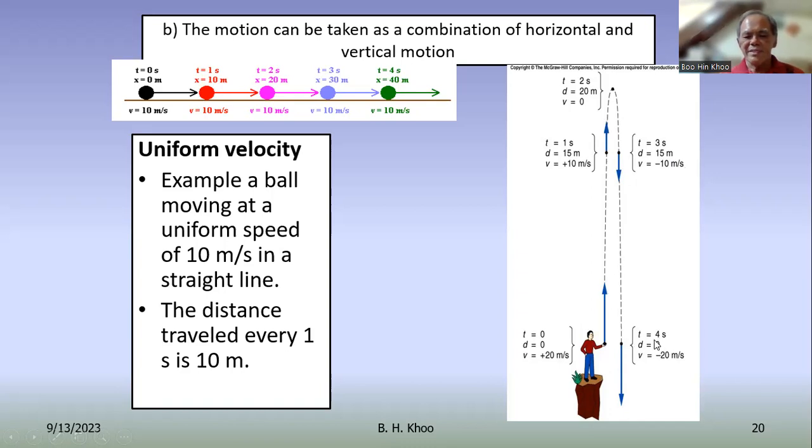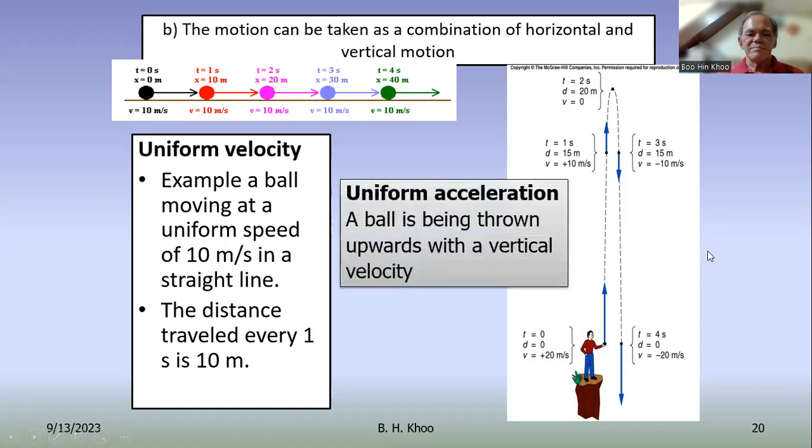At 4 seconds, the distance is 0. Distance is measured from the hand. This is 20 upwards, 20 downwards. So because it's a vector, we put minus 20. That means we take upwards as positive. So this is uniform acceleration. Basically, we are just combining this one and that one, that's all.